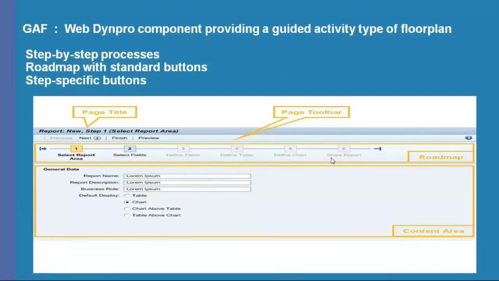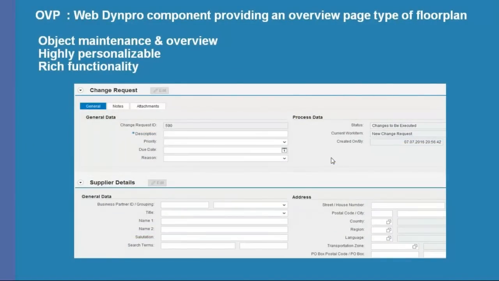Every step has different sub UIs, and those sub UIs contain different sets of fields. Now the last type of component, and in MDG mostly we will use this type, is the overview page type component, a WebDynpro component providing an overview page type of floor plan.